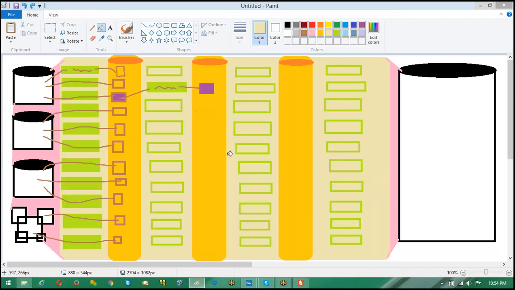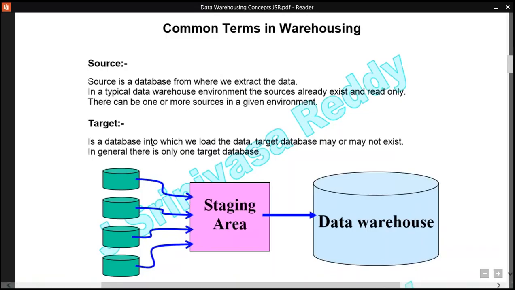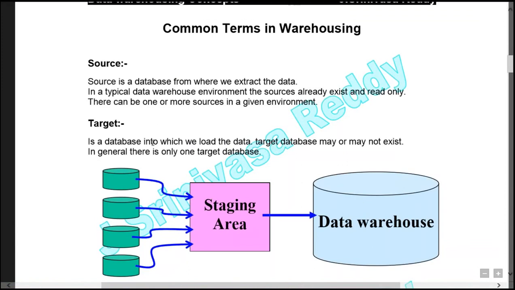Okay. So this you should be very much clear. That's what is source, what is target. So when you concentrate like this, you can say target may or may not exist. If the target is already exist, you will be loading data into existing target. If the target is not already exist, you will create the target and load the data into the newly created target, right?